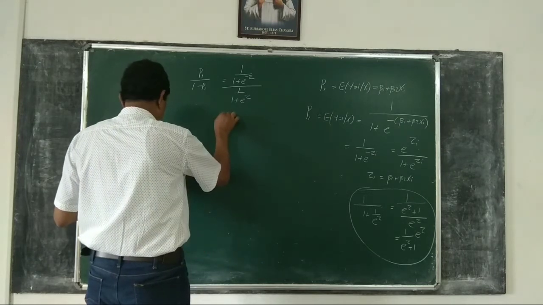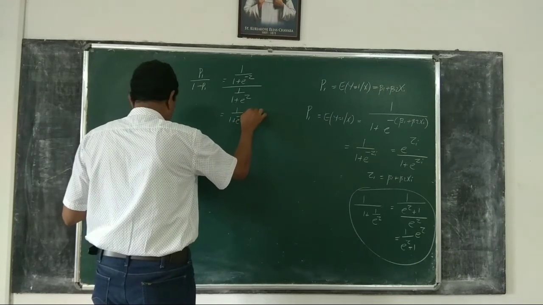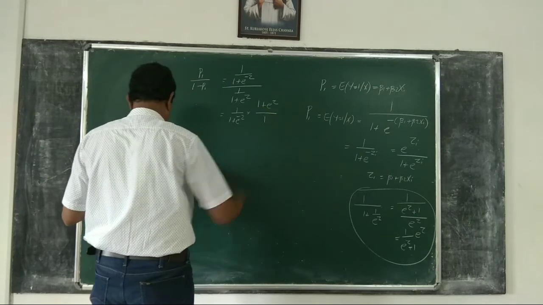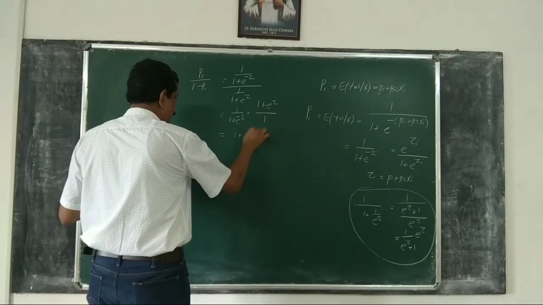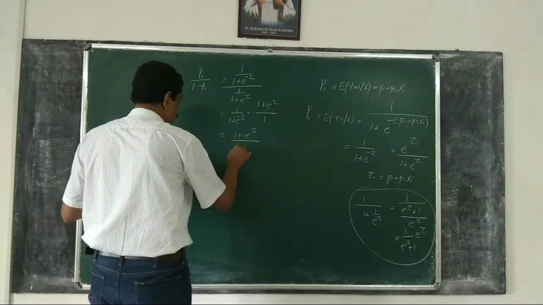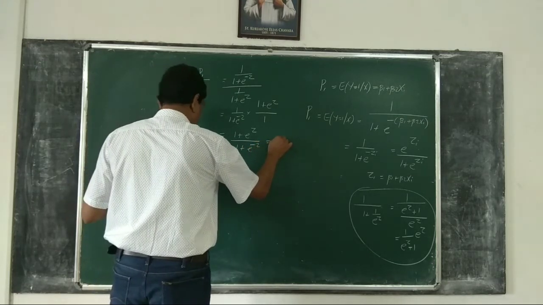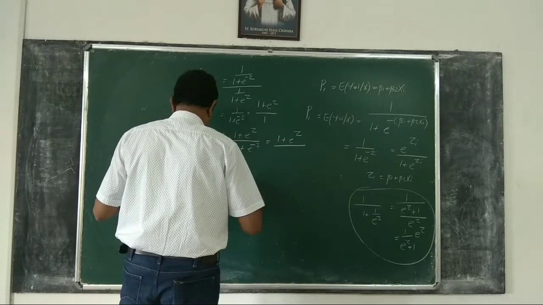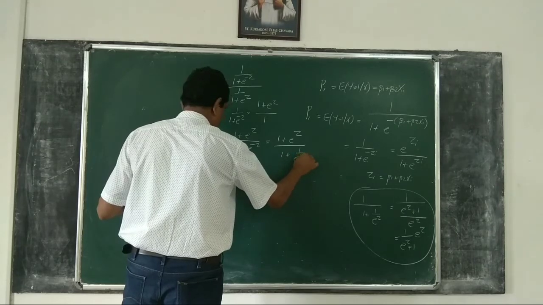That is equal to 1 plus e raised to z divided by 1 plus e raised to minus z, which is equal to 1 plus e raised to z divided by 1 plus 1 by e raised to z.